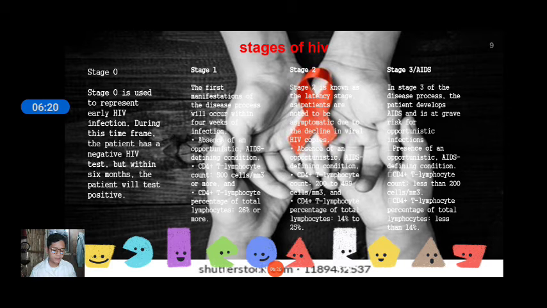During this time frame, the patient has a negative HIV test, but within 6 months, the patient will test positive. It is assumed the prior negative test was unable to detect the presence of HIV. The patient can transmit the disease during this time, even though the antibody titers are negative. It can take up to 3 months for antibodies to show up on a test, although they typically appear 6 weeks after exposure.